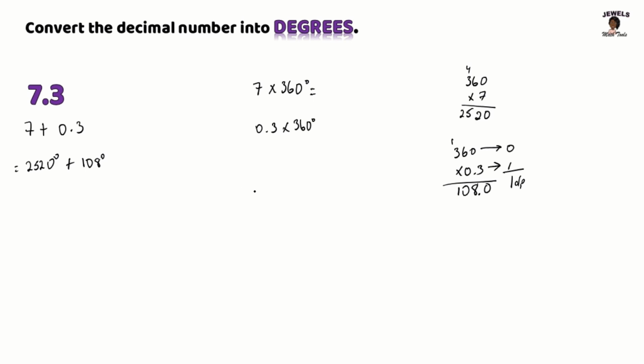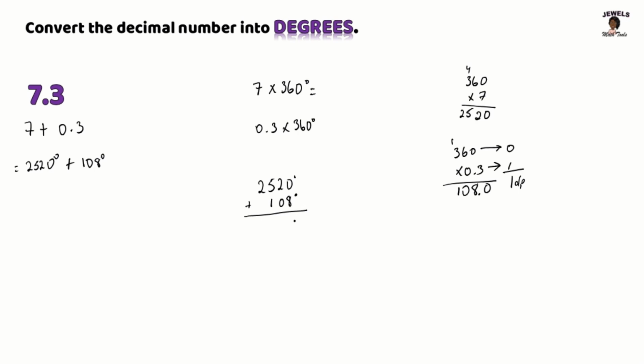So now that my 7 wholes have been converted to degrees, and also my 0.3 has been converted to degrees, we're now going to add these two numbers together to see the total of our 7.3 in degrees.